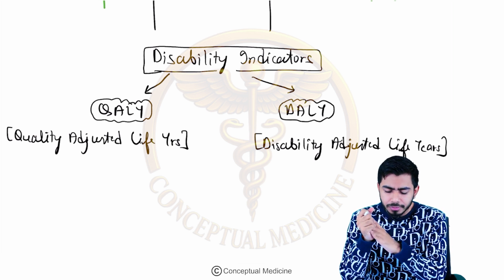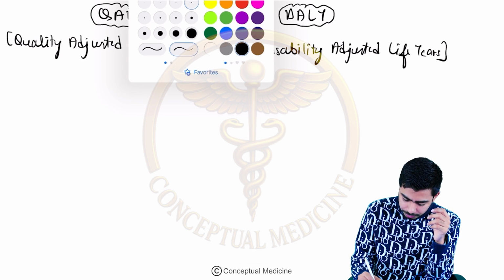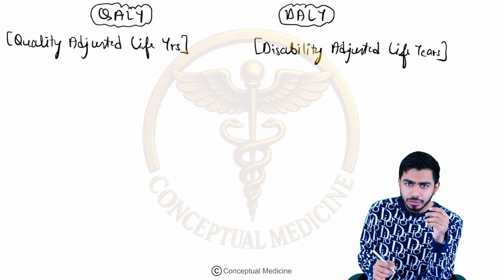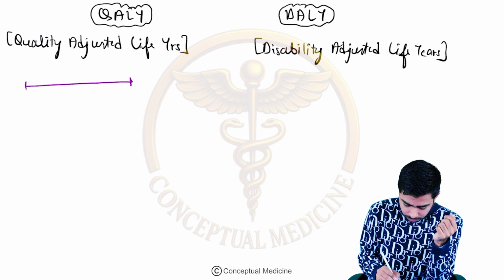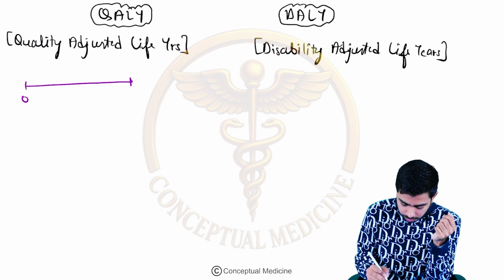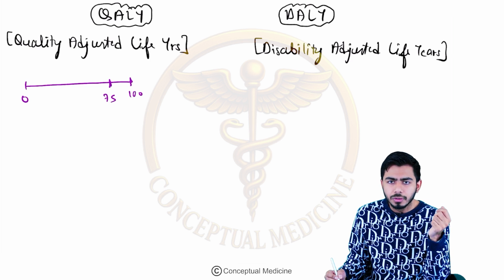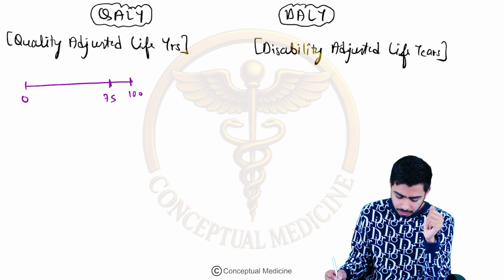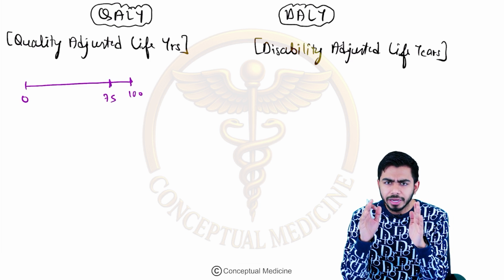For example, let's say a person was supposed to live 75 years, where this is 0 and this is 100. And let's say the person was in a completely healthy state.